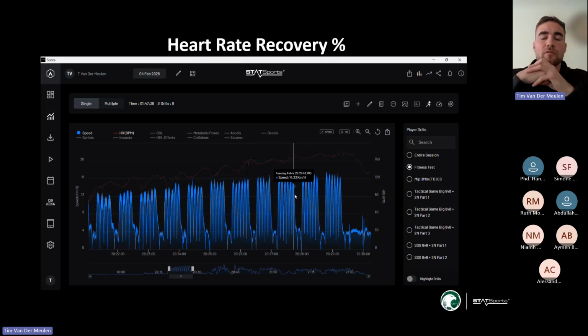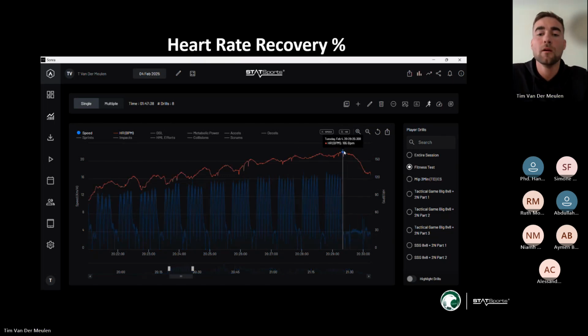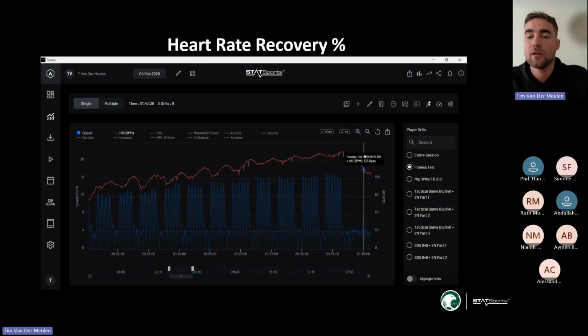What the heart rate recovery percentage actually means is that you're able to look at the ability within an individual to recover quickly. Because I've created one drill for the fitness test, you're able to look at the ability of a player to recover quickly after that drill.